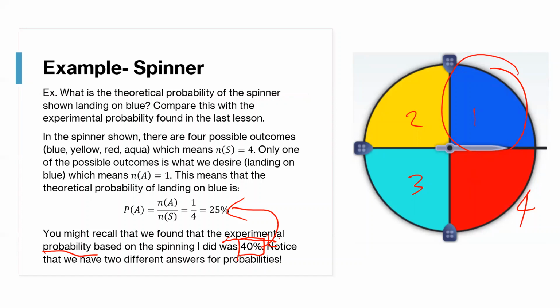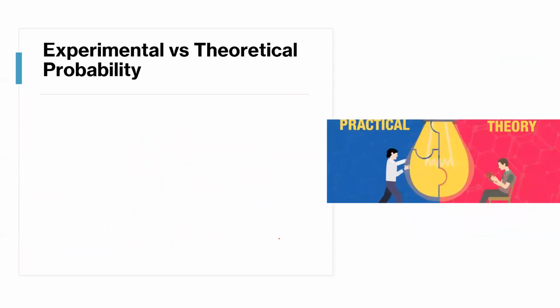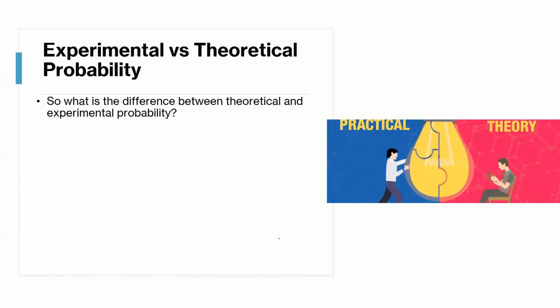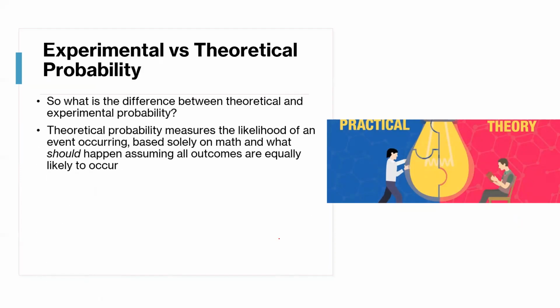And there's a reason for this difference. Even though they both measure probability, they measure it in a different way. So what is the difference between them? Theoretical probability, I'll start with that one first, is the likelihood of an event occurring based solely on math. I know I'm repeating this, but I just want to make sure that you really understand the difference here.